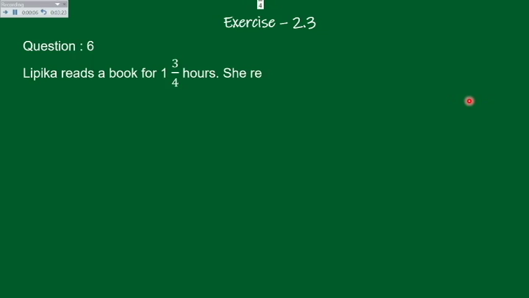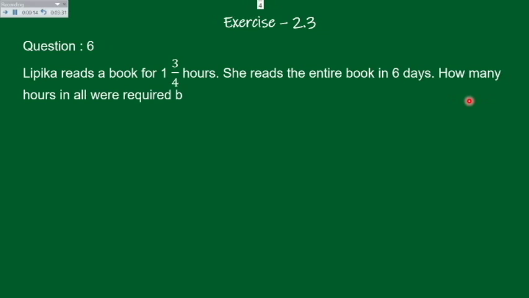Question number 6. Lipika reads a book for 1 whole 3/4 hours. She reads the entire book in 6 days. How many hours in all were required by her to read the book? Okay, so this is another very easy question.